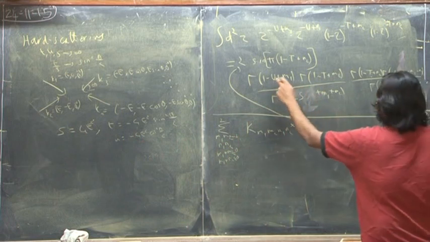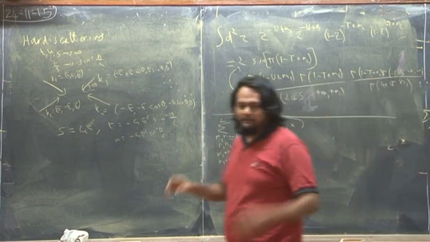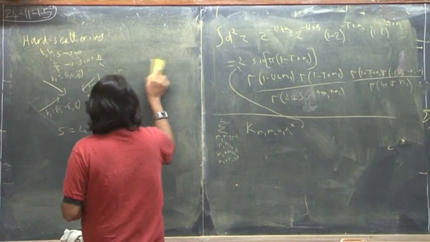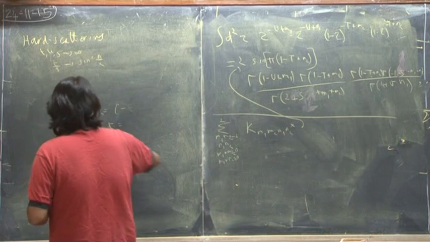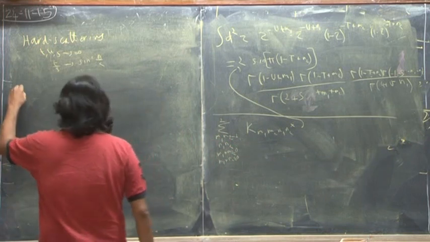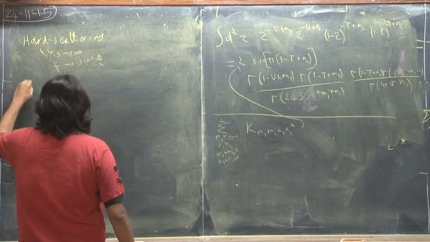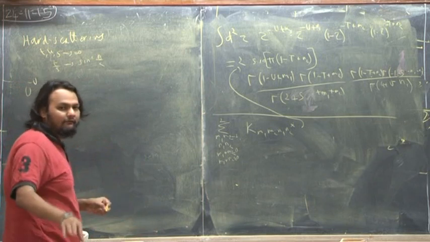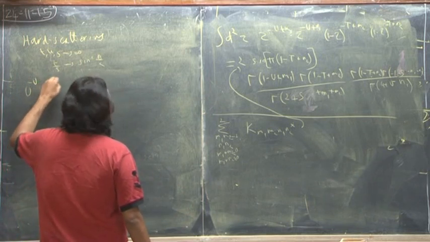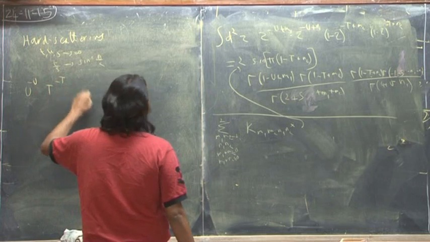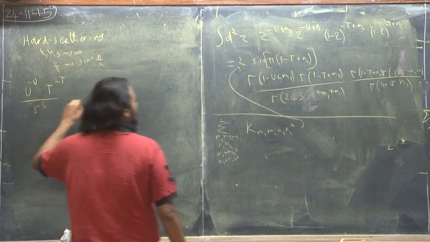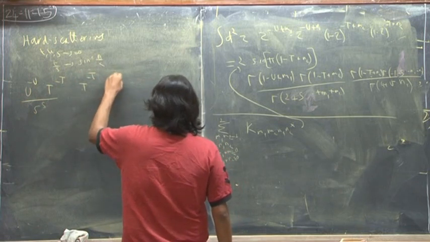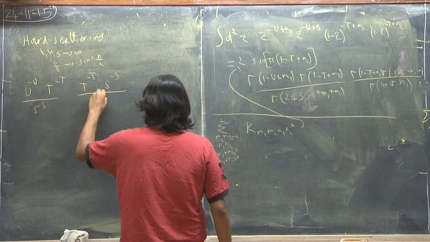Right, so this is okay. I'll convince you that the e to the power minus x terms don't matter in a minute. So the gamma of 1 minus u plus m1 you can just write as u to the power minus u. All the other terms are subleading. t to the power minus t, s to the power s, t to the power minus t, s to the power minus s, and u to the power u.